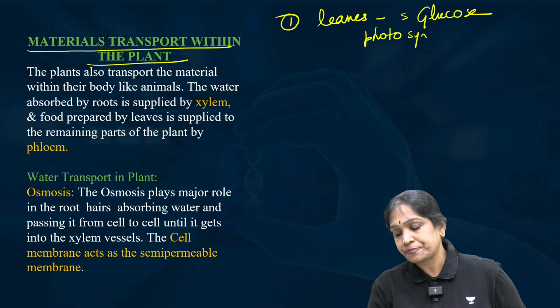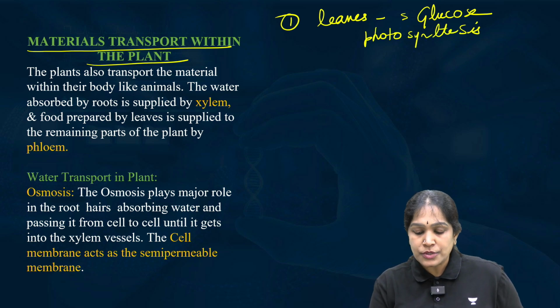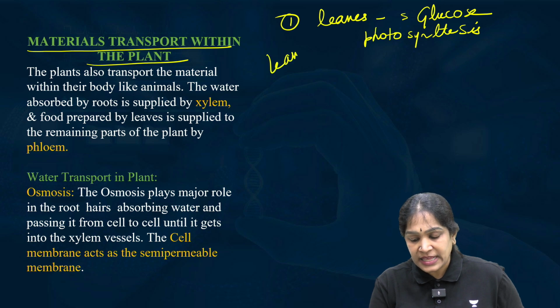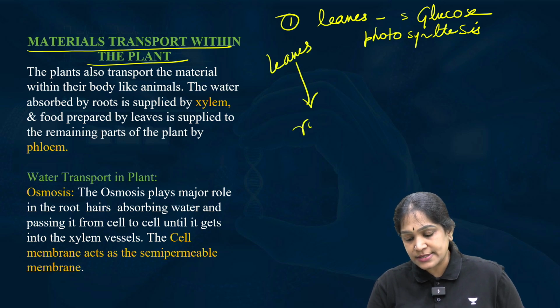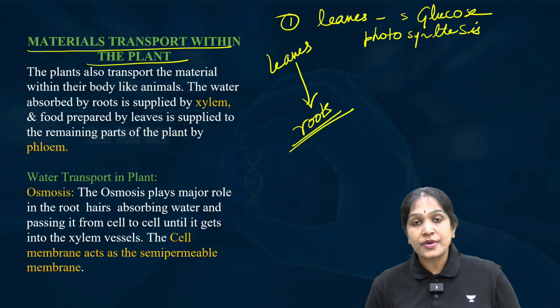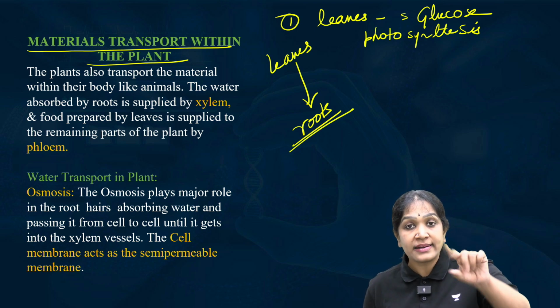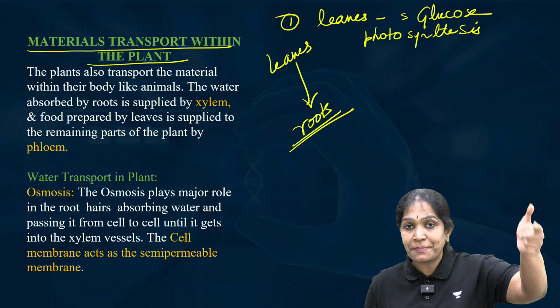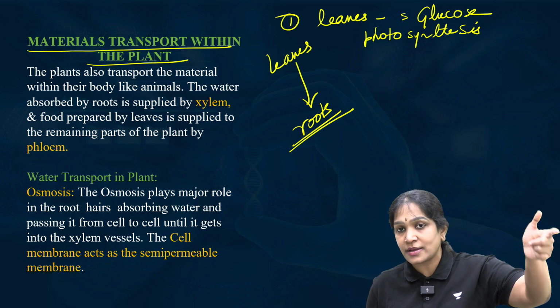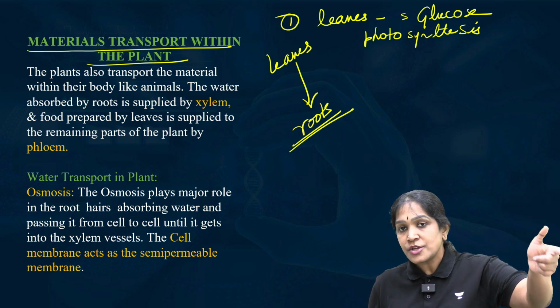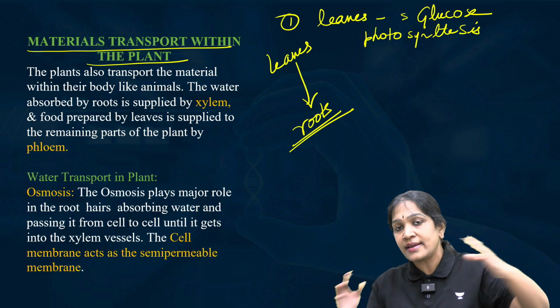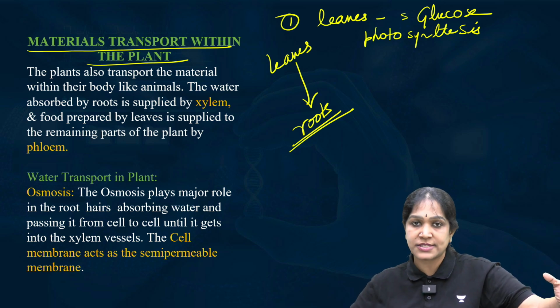Photosynthesis. Now, this glucose should go from the leaves till the roots. Agreed? Because the food is prepared in the leaves, the kitchen for the plant. The glucose prepared in the leaves should be supplied to the entire plant up to the roots.